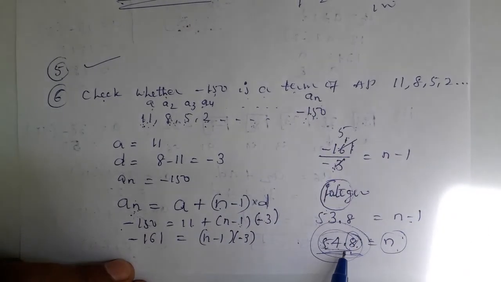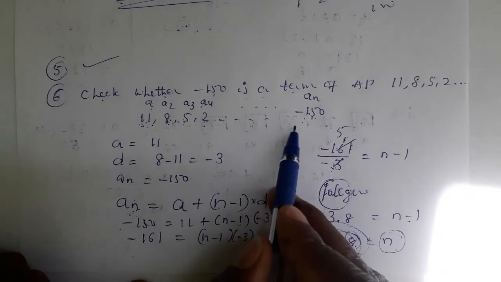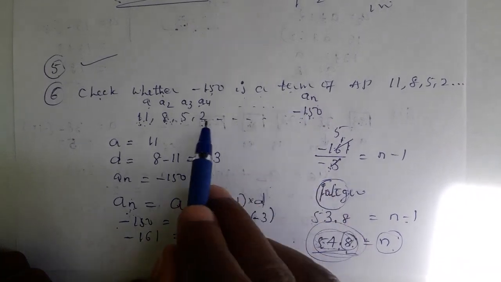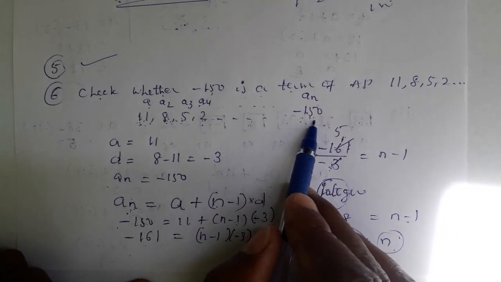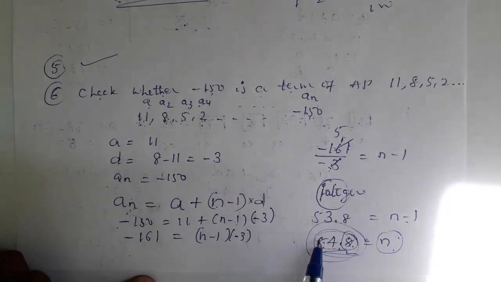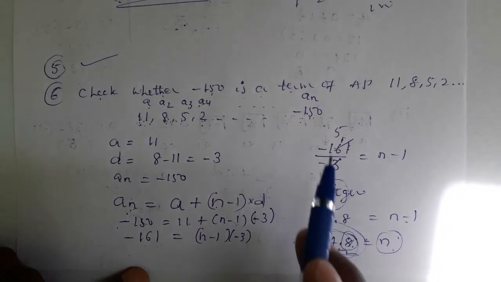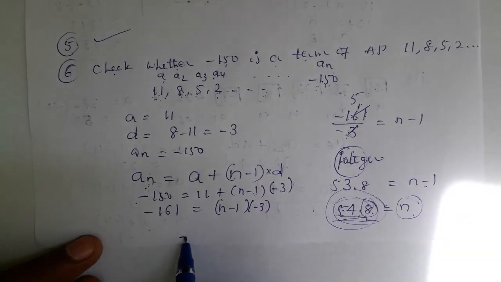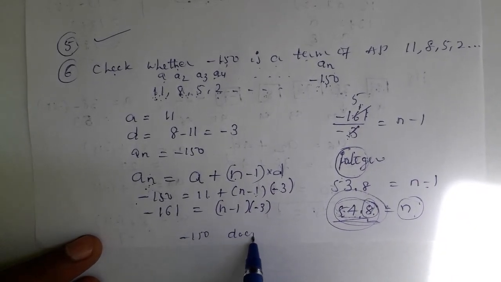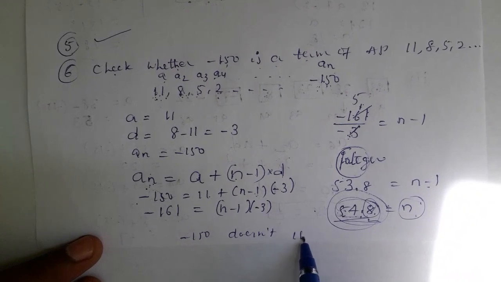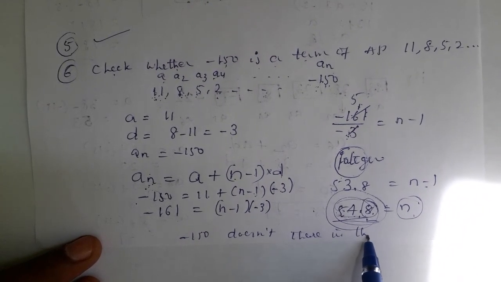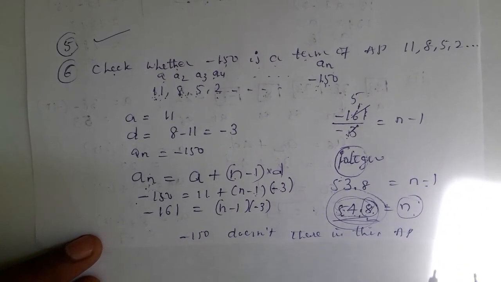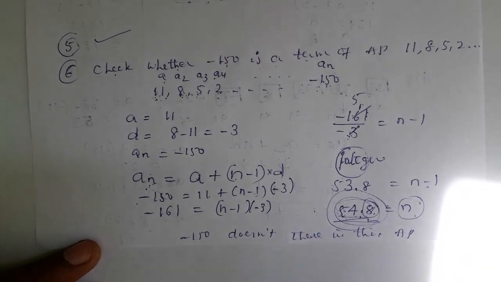This decimal answer makes it clear that minus 150 doesn't come in this sequence. If it came in this sequence, definitely we would get a round figure here. So once we get a decimal answer, our answer is: minus 150 is not there in this AP. Like that you have to answer.